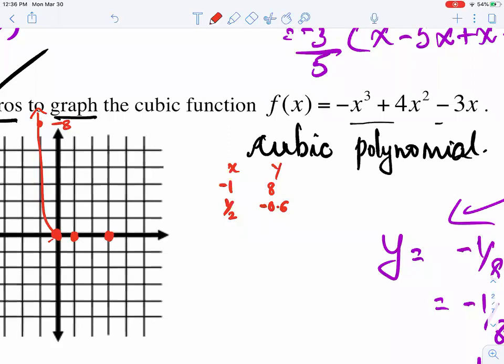So now we know that it is actually going down a little bit, but it has to come back. Okay, now I want another extra point, and I'm going to take that as 2 because I want to know what's happening here.